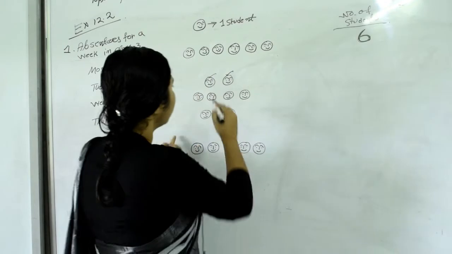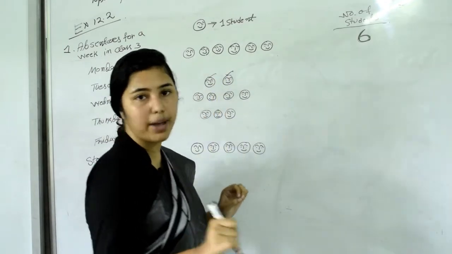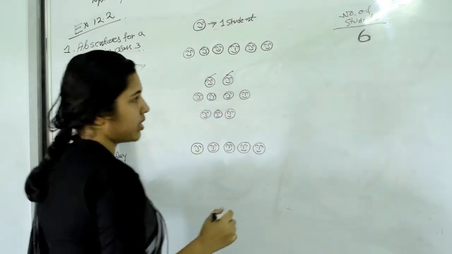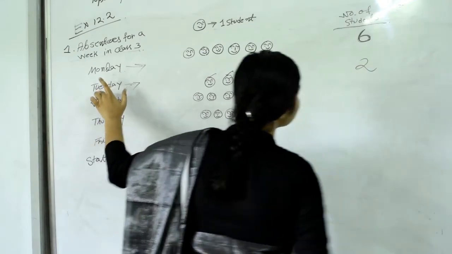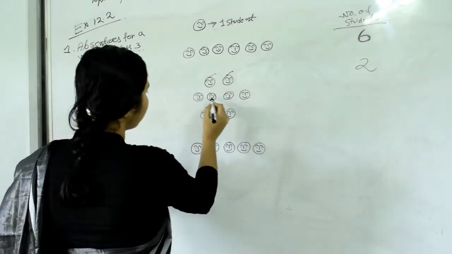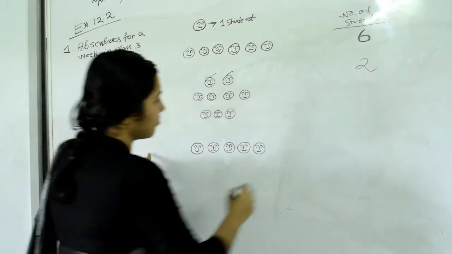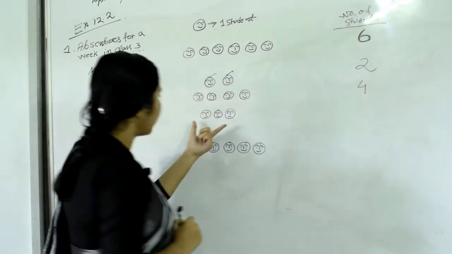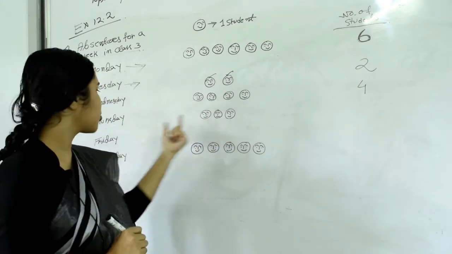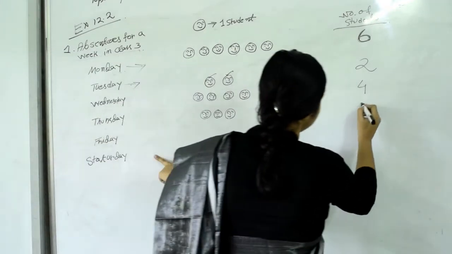Now, next Tuesday, here the number of absentees is 2, because one smiley face represents one student, which means 2 students were absent on Tuesday. So write here 2. Next 1, 2, 3, 4. 4 students for Wednesday. And next 1, 2, 3. 3 students for Thursday.